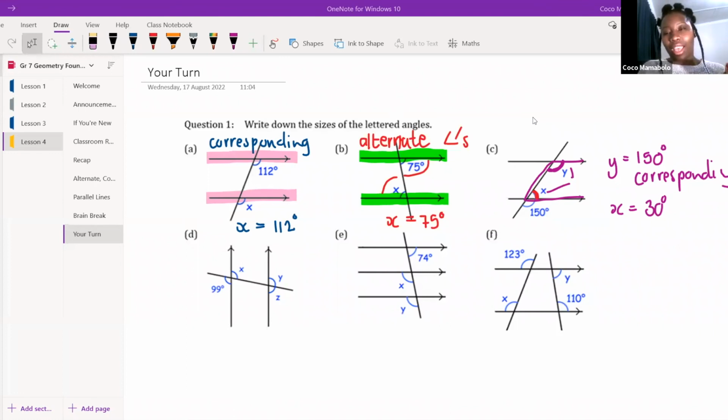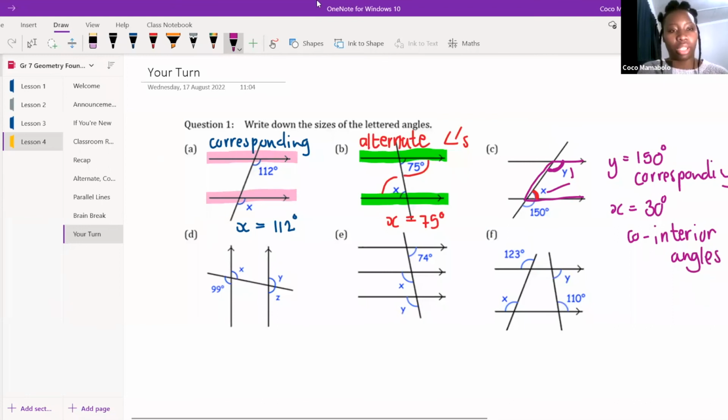Remember, guys, the angles on the inside of the box are called, you remember, Kutle Konke? They're called co-interior angles. Co-interior angles. Okay, very well done, Kutle Konke.